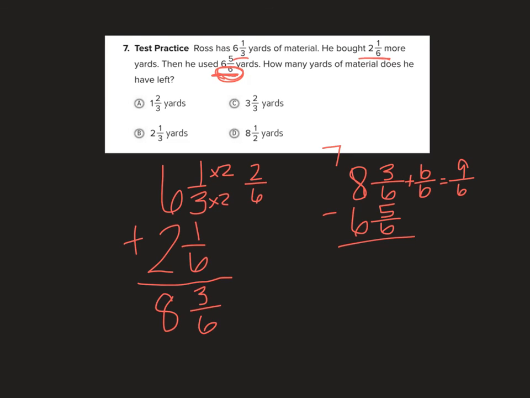Okay, so now I'm doing 9/6 minus 5/6. 9 minus 5 is 4. Get my 6th in there. 7 minus 6 is 1. Now I'm going to reduce and get 2/3. 1 2/3 yards. 1 2/3 yards is how much he has left.